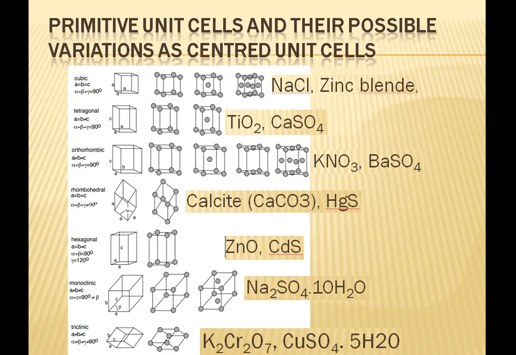These differ from each other in their dimensions. Dimensions include their edge length as well as the angles. Students, just remember the dimensions of all these 7 types of unit cells. These may be asked in exams.